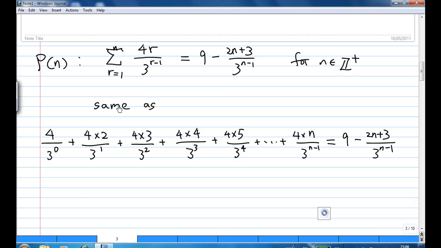And we know the left hand side is actually a sum: 4 over 3 power 0, 4 times 2 over 3 power 1, 4 times 3 over 3 power 2, 4 times 4 over 3 power 3, 4 times 5 over 3 power 4, and so on until 4 times n over 3 power n minus 1 is on the left hand side, and the right hand side is just 9 minus 2n plus 3 over 3 power n minus 1.